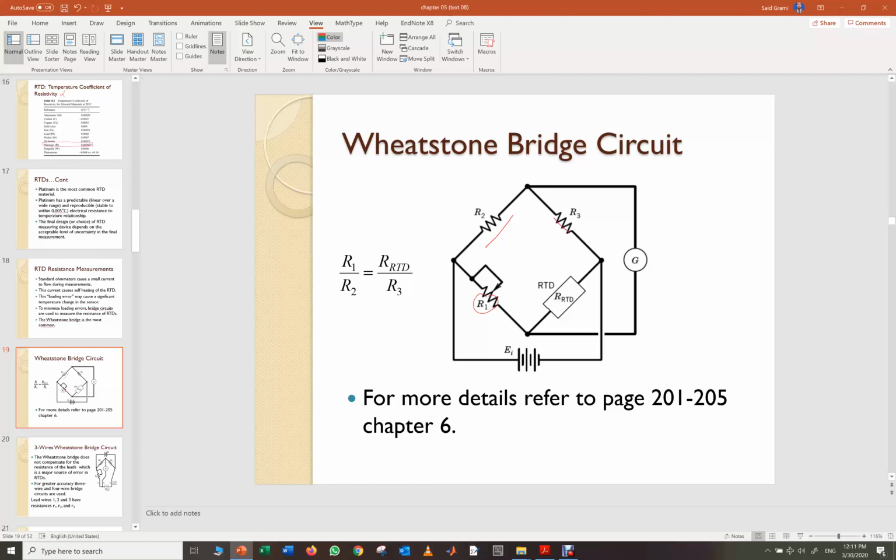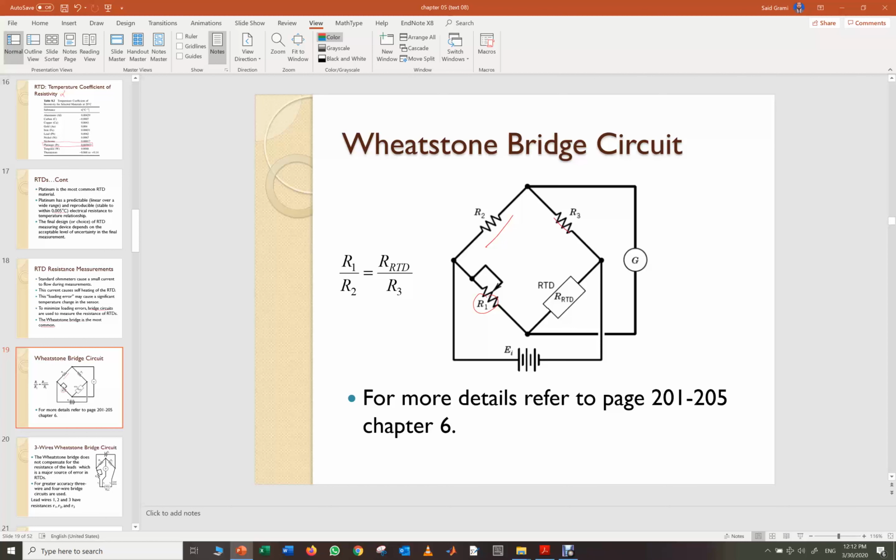This is the ground, and this is the excitation of the circuit. So we have the relationship R1 over R2 is equal to RTD over R3. R1 is the variable resistance, R2 and R3 are fixed, and this is the resistance of the RTD. For more detail, refer to pages 201 to 205 in chapter 6.